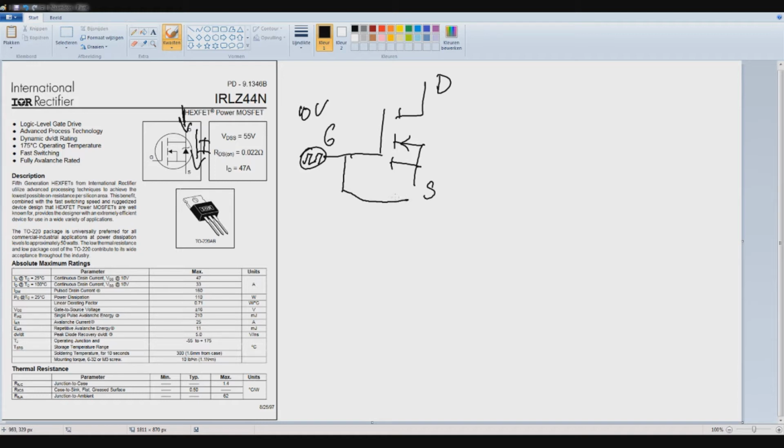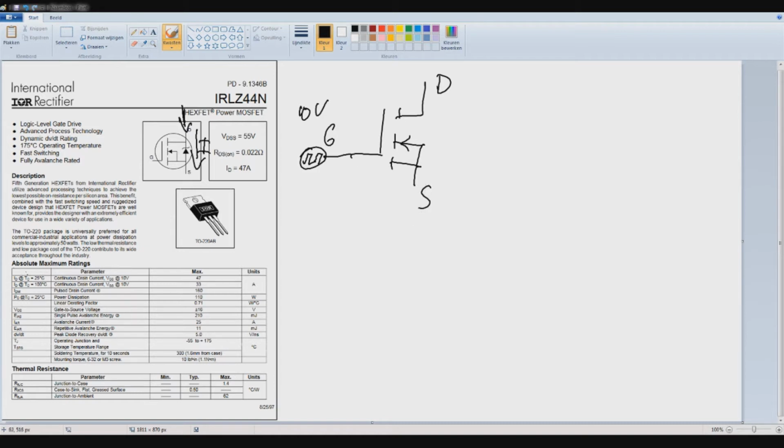So that means if we take a multimeter or something and we measure this point, the gate and the source, we measure this at 10 volts. So it doesn't matter if this is 20 volts or this is 10 volts, but you have to be careful because we'll see that later.